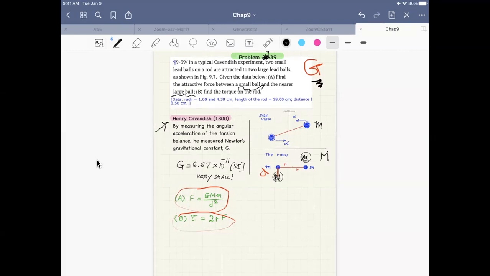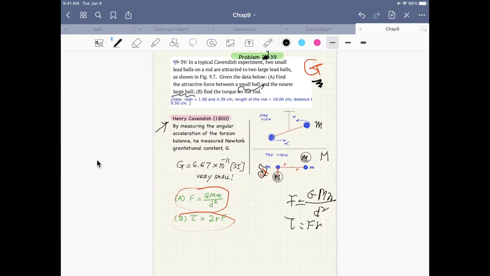And he wanted to compare that to Newton's theory, which is that the force is GMm over a distance squared, not this r, but this distance d, the distance between a small sphere and a large sphere. That would be one of the forces. The torque would be that force times r, which is the distance from the axle. So here's the axle.